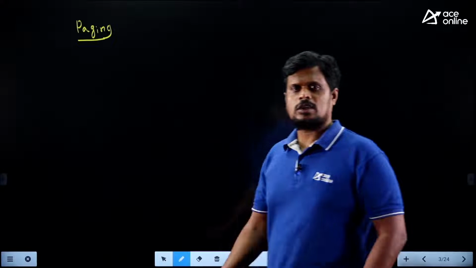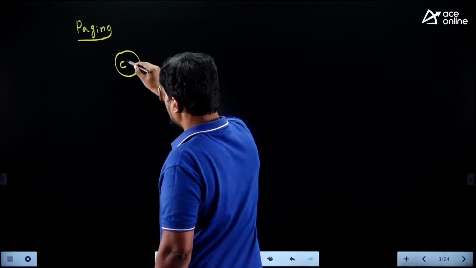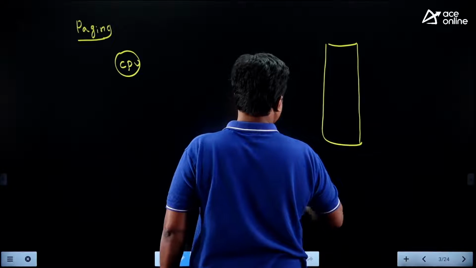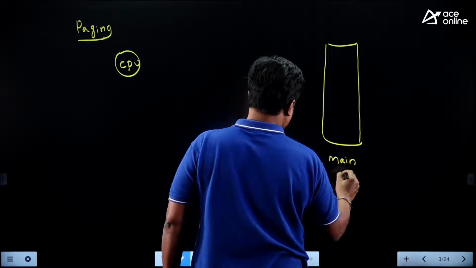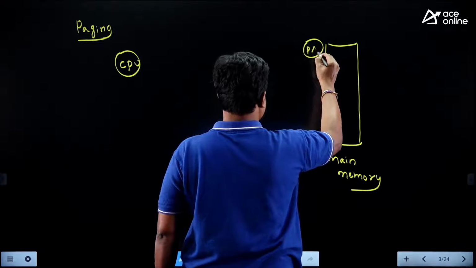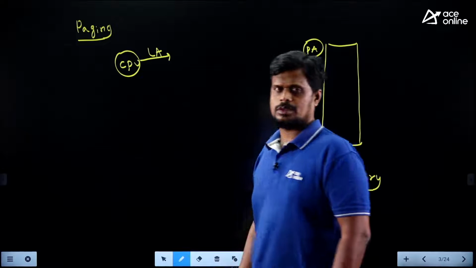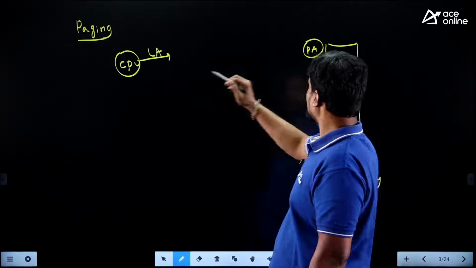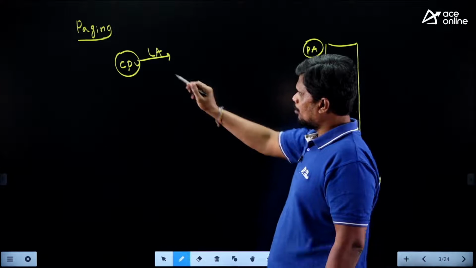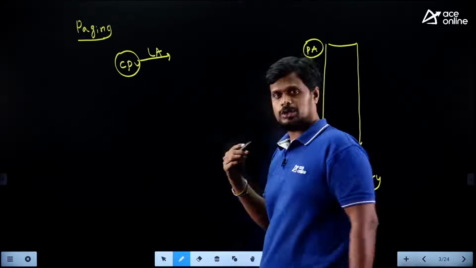Try to recall the main concept and the main need of paging. This is my CPU and this is our main memory. This main memory is always associated with physical addresses, but the CPU always generates the logical address. If the CPU directly goes to the main memory with the logical address, is it able to get its desired data?